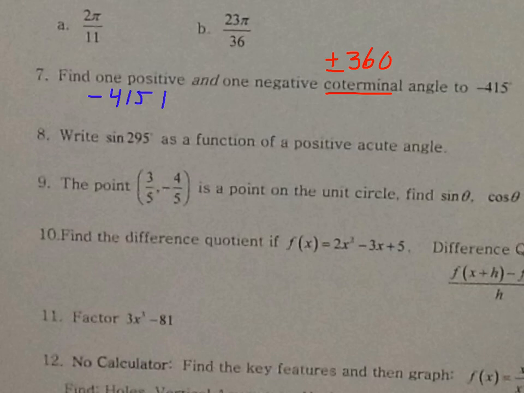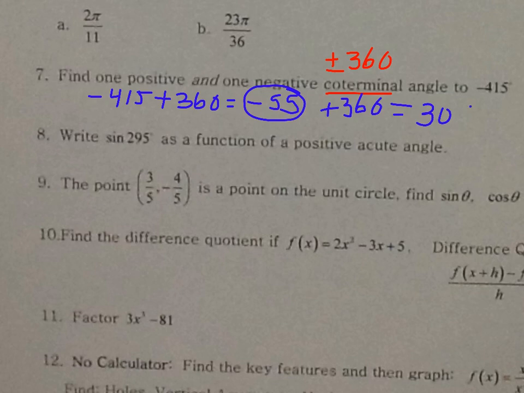I'm going to add 360. So type in your calculator, negative 415 plus 360. That's negative 55. So that's actually a negative coterminal angle, so that satisfies the negative part. Add another 360 because I need to get into the positive numbers. So negative 55 plus 360, and we get positive 305. So those are my positive and negative coterminal angles.